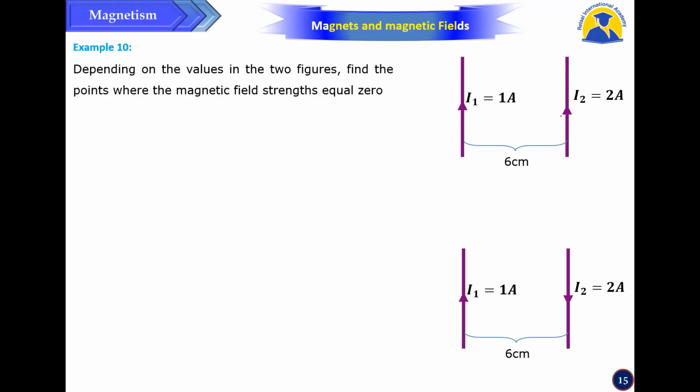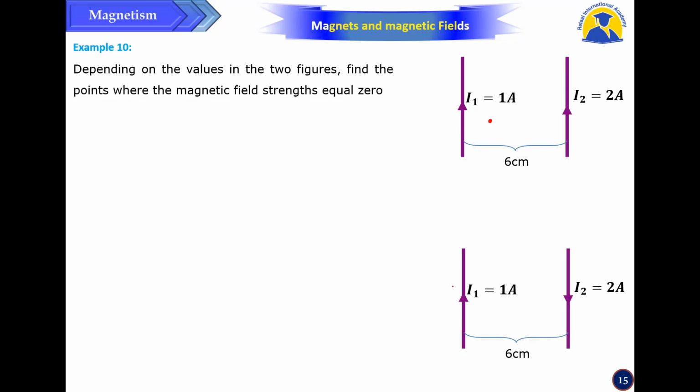If the two currents are parallel in the same direction, the point where the magnetic field strength equals 0 will be between them and near the lowest current. So it will be in this position, between them and near the lowest current.